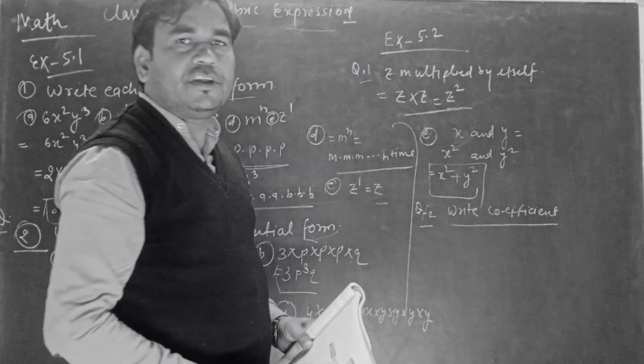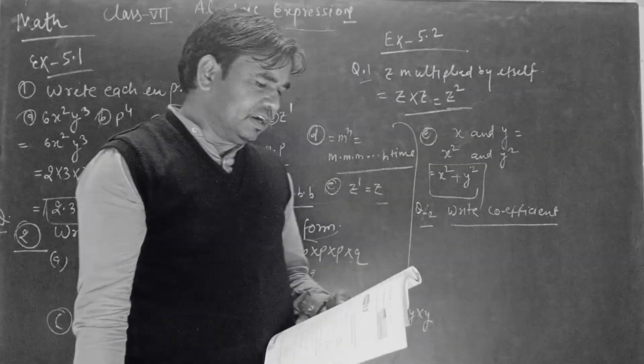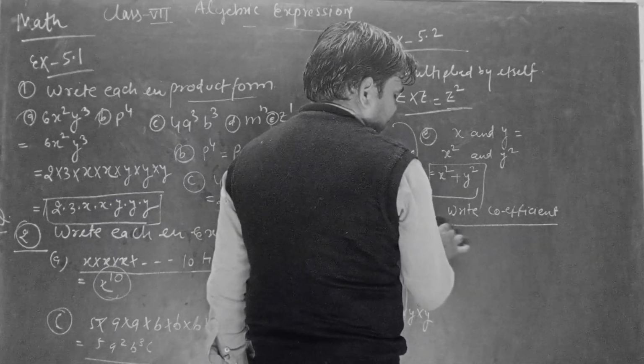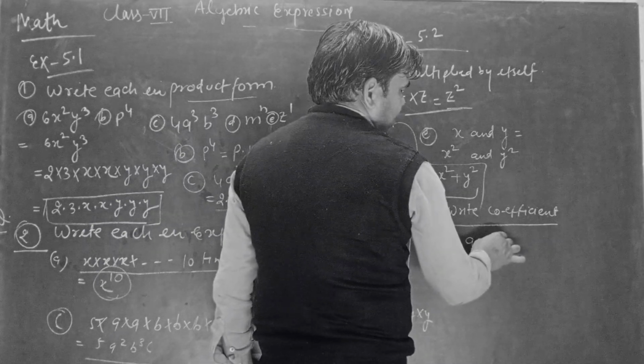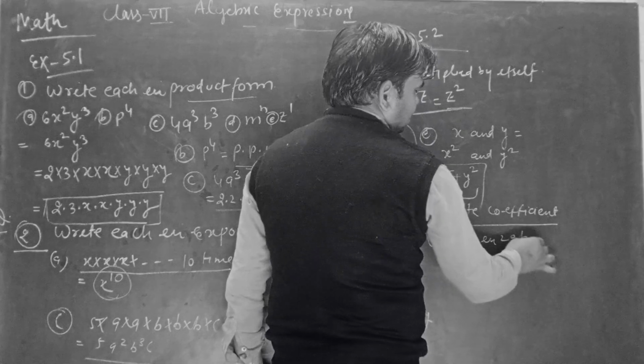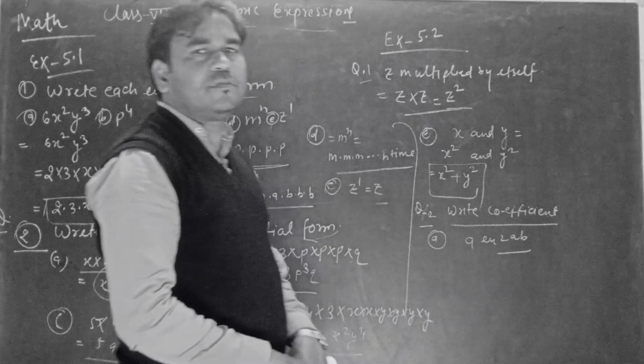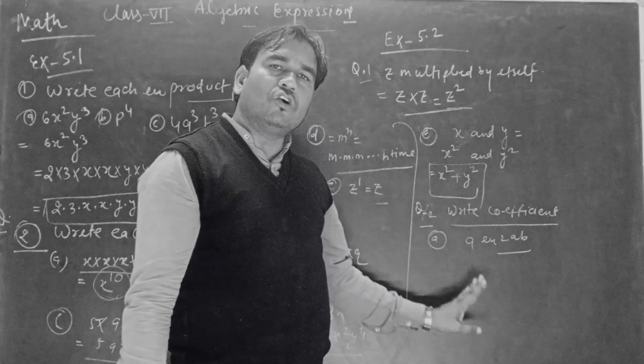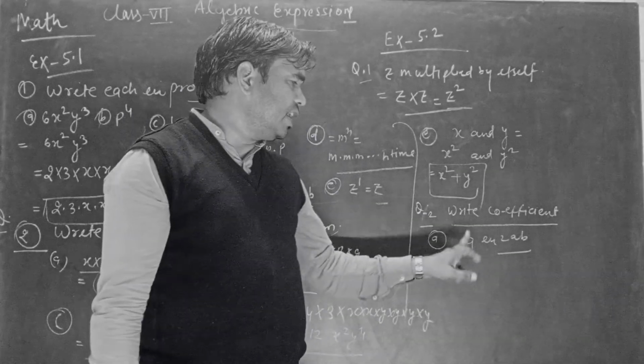So here you see, students, coefficient. This is A in 2AB. This is the first part, A in 2AB. So here we have to write the coefficient of A in 2AB.